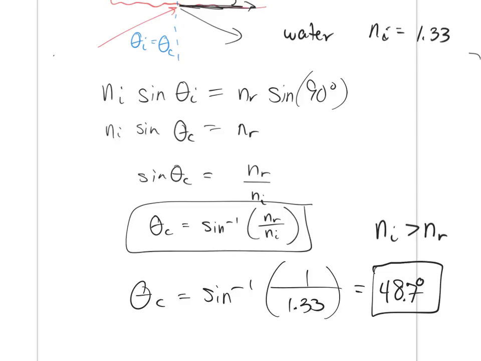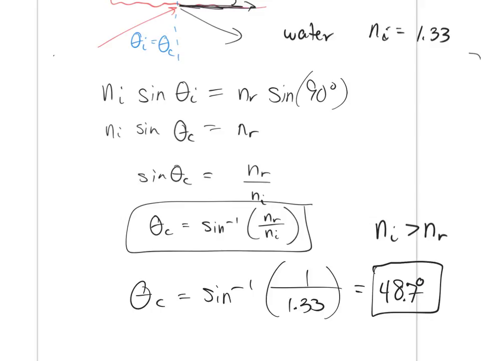Really good. 48.7. So that means that if the incident angle is greater than or equal to 48.7, it will bend back into the substance. It will not pass through the interface right here. So here's your angle. Take a look at the board over here.